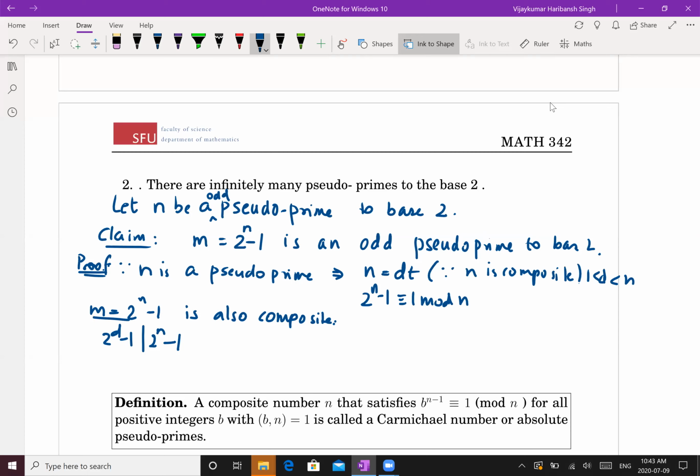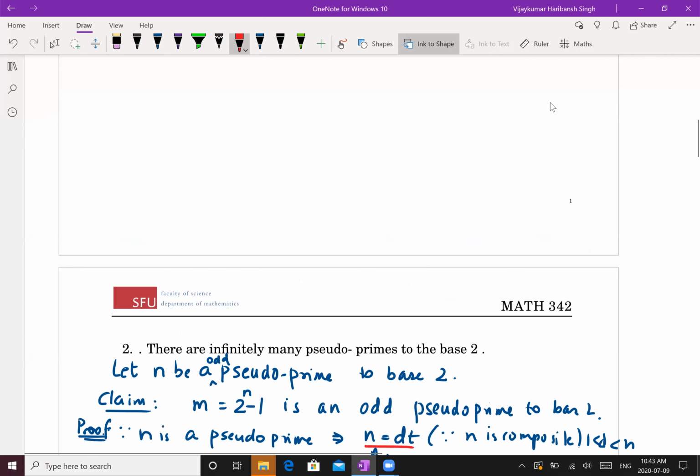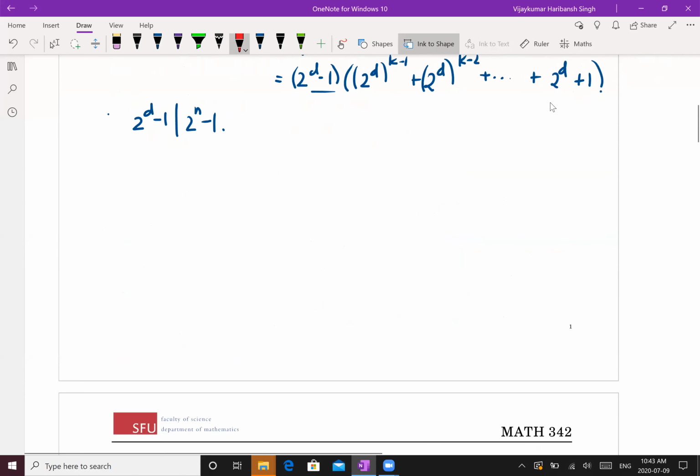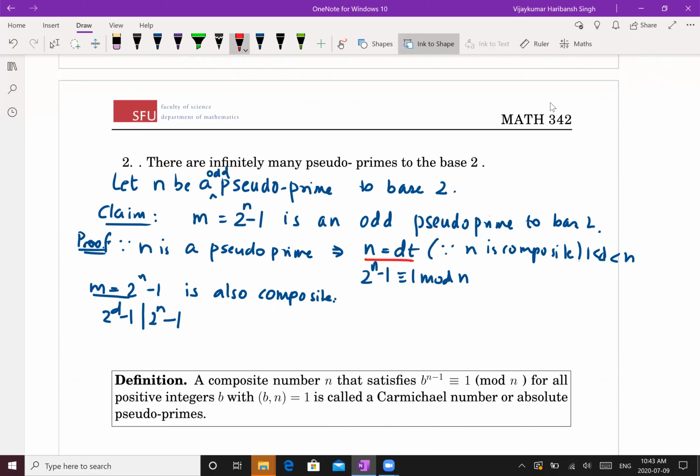So we wrote n equals dt, and we have the result from here that if d divides n, 2 to the power d minus 1 divides 2 to the power n minus 1. So in this case, since d divides n, 2 to the power d minus 1 divides 2 to the power n minus 1.